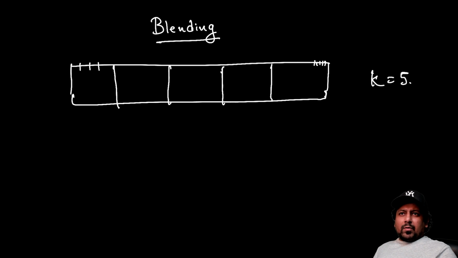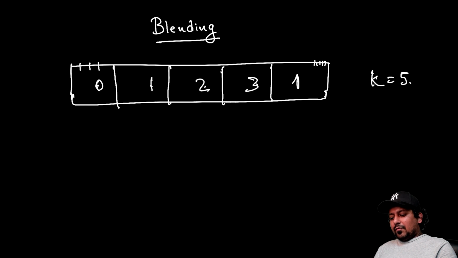You can also take k equal to 10, that's also fine. In each part we have some number of samples, more or less the same in each of them. Let's call this one fold 0, this is fold 1, and this is fold 2, 3, and 4.